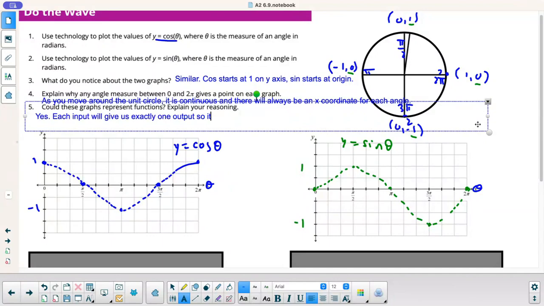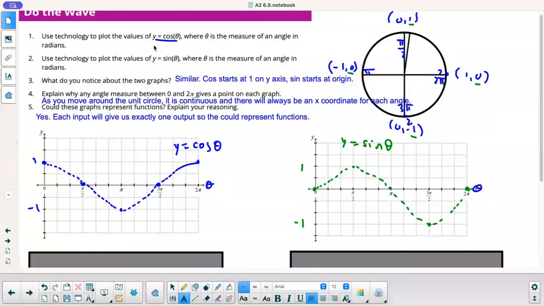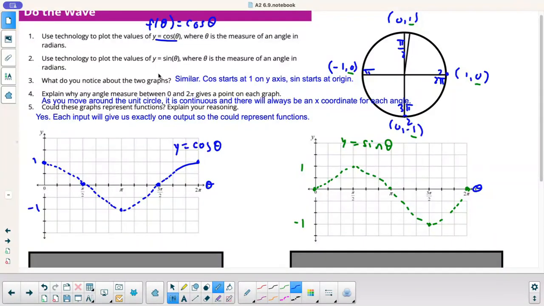So they could represent functions. Meaning instead of using y, I could say f of theta, or g of theta. So, if I wanted to call this f of theta equals cosine theta, now I can write it as a function. I call this g of theta equals sine of theta. All right, just like that.